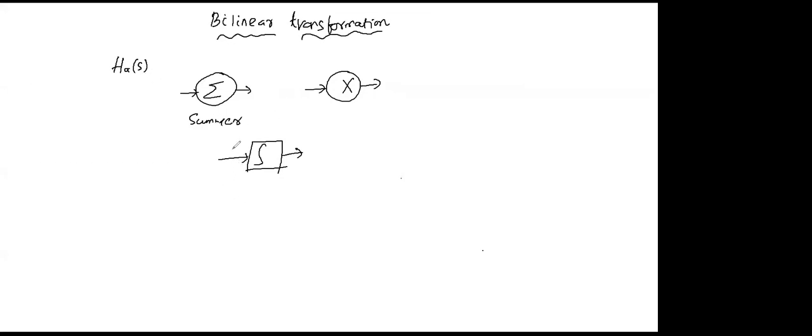Now, if you want to convert this analog transfer function to digital, what do you have to do? These three basic things, the summer, multiplier, and integrator, you have to convert to digital.